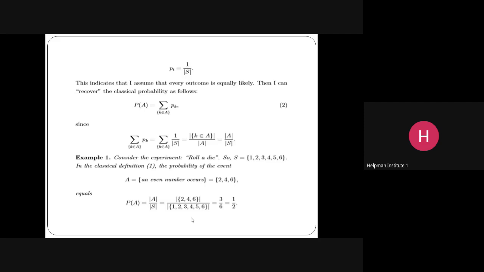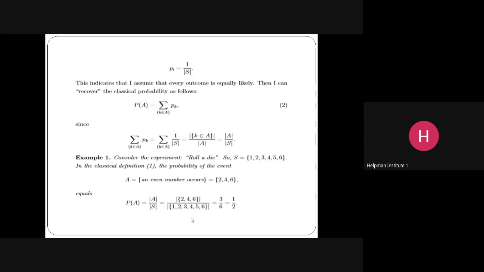So let's continue. Let's look at this example here. Consider the experiment: roll a die. Here, the die is a fair die, so that will make the occurrence of each of the events equally likely, just like Ilyasu has pointed out.